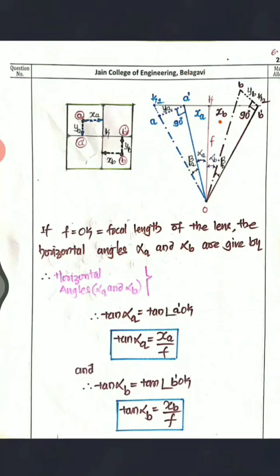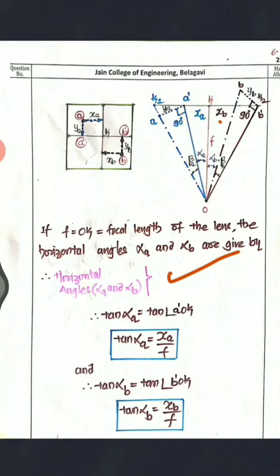If small f, that is OK, is the focal length of the lens, the horizontal angles alpha A and alpha B are given as follows. Tan alpha A is equal to tan of the angle a dash OK. This is a dash, O and K. This is the angle we are going to consider now.